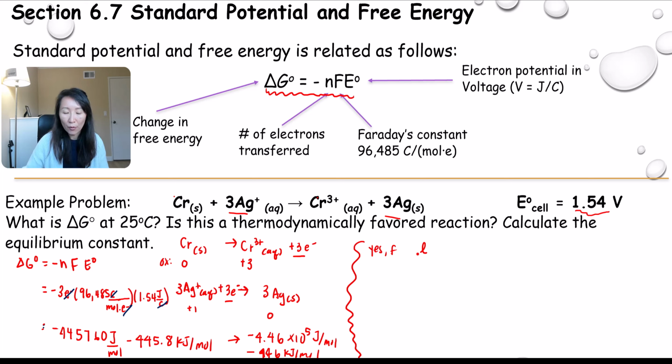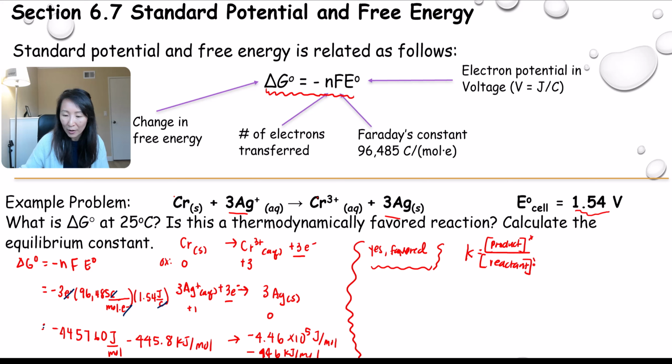Then it asks us to calculate the equilibrium constant, K. If you recall from a while ago, K is equal to the products over the reactants, each with an exponent.